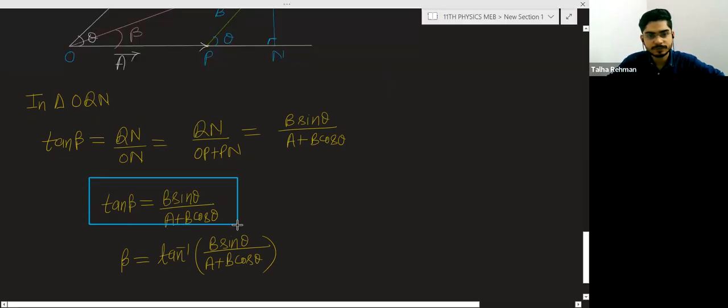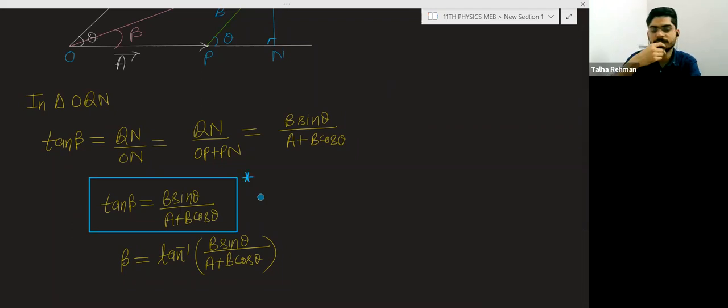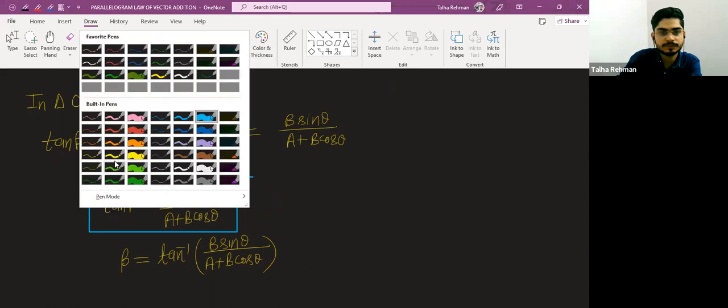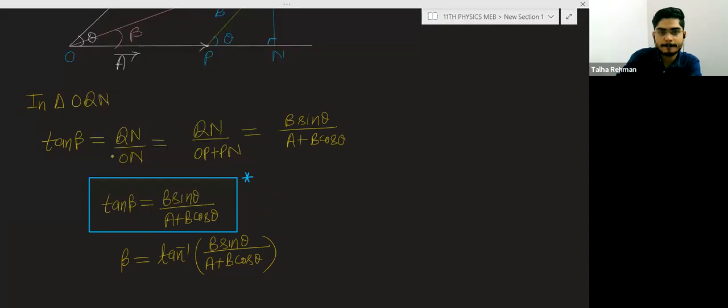It's tan beta. And what is beta? I am defining beta here. Beta is the angle between the resultant vector and A vector.